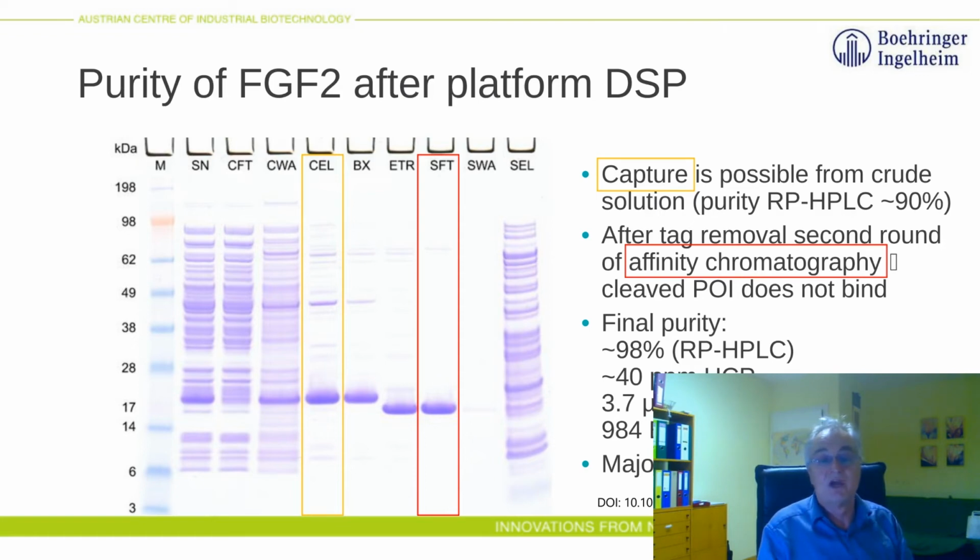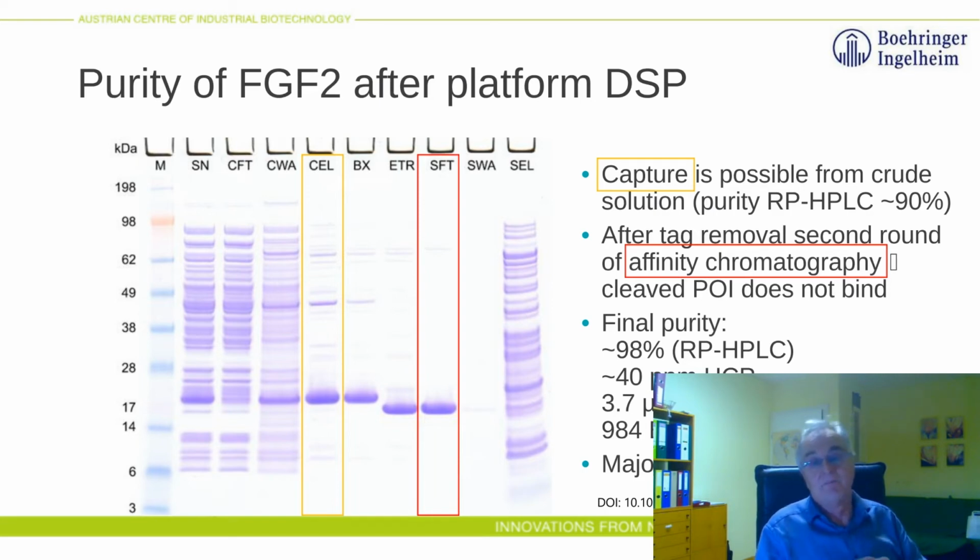Overexpression is great, and a simple purification procedure. A final purity measured by reverse phase chromatography of 98%, 40 ppm host cell protein, which is spectacular. Then endotoxins, and you also see rather low DNA impurities.